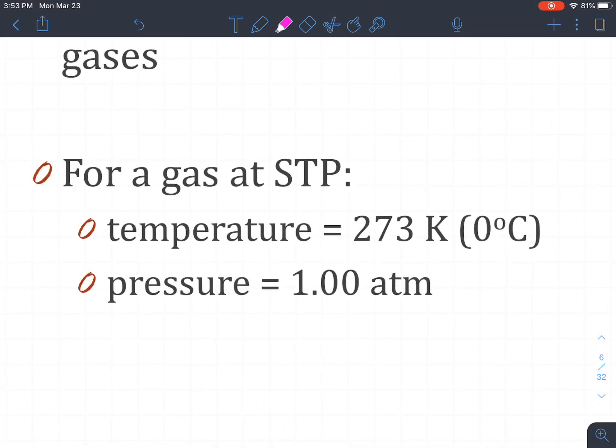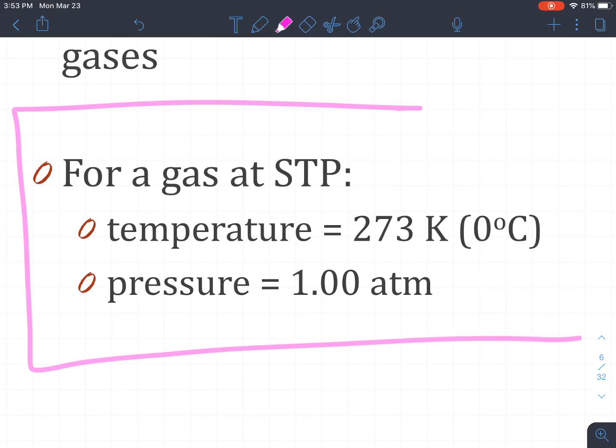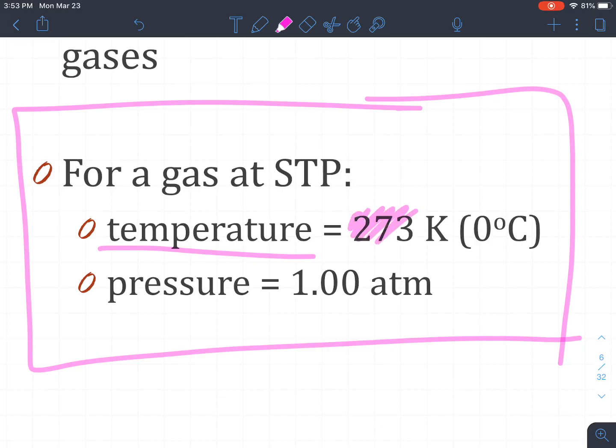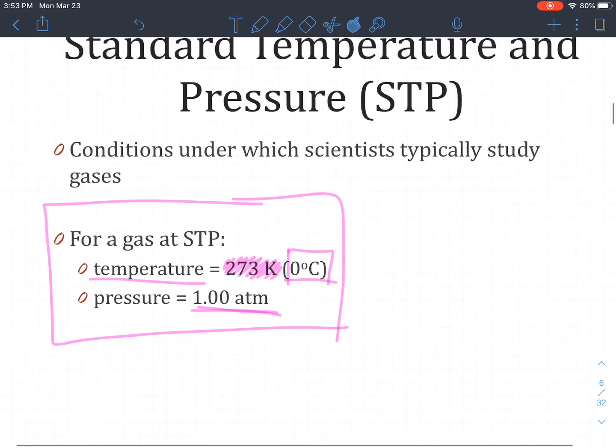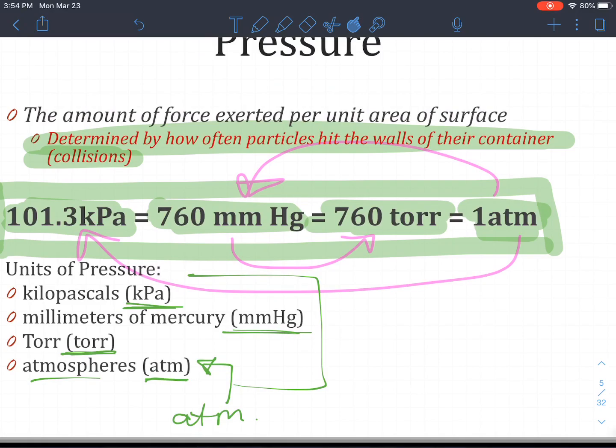What I'd like you guys to write down is what's in this area here. For temperature, standard temperature is 273 Kelvin, or in Celsius, that is 0 degrees Celsius. Standard pressure is equal to 1 atmosphere. But if you take a look at our line that we just went over, 1 atmosphere is also equal to 760 torr and 101.3 kPa.